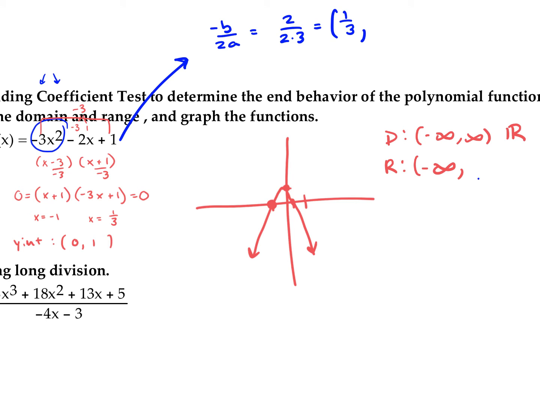We have to find the y because that'll give us the range. So plug in 1/3. This is good practice. Minus 2 times 1/3 plus 1. So 1/3 squared would be 1 over 9 times -3 would be -3 over 9, so -1/3 minus 2/3.